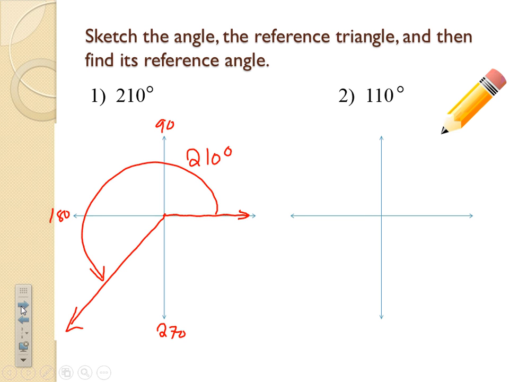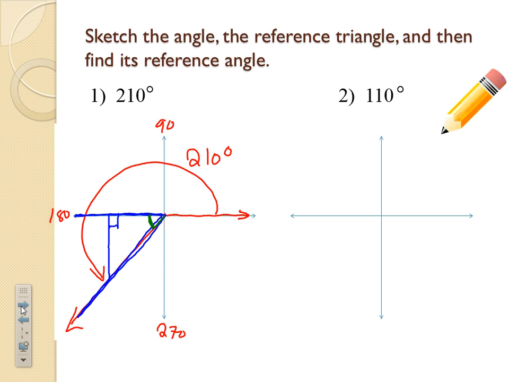Now I have to make my reference triangle. To do that, I'm going to use my terminal side, and I have to make it perpendicular to my x-axis. So I'm going to draw a straight line from my terminal side straight up to my x-axis, make my 90-degree angle. Now my last thing I have to do is find my reference angle, which is right here.